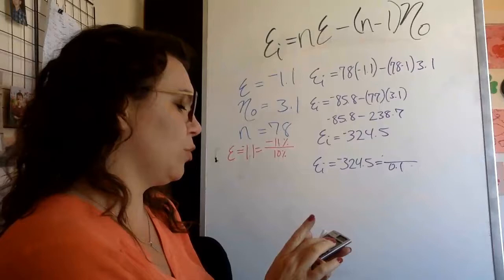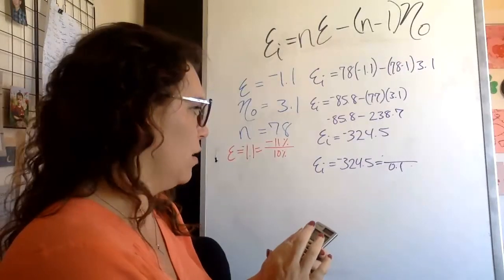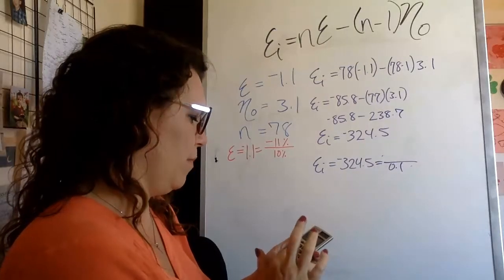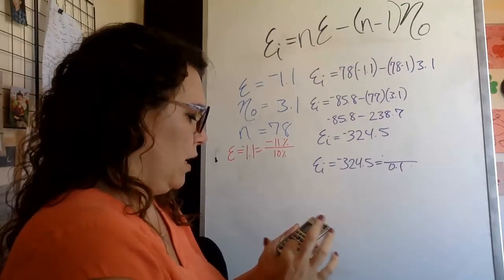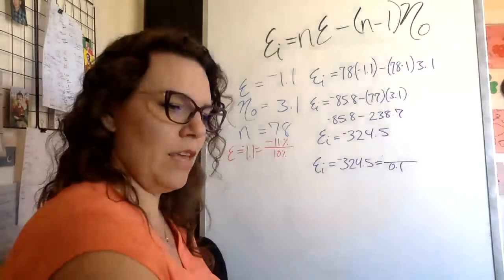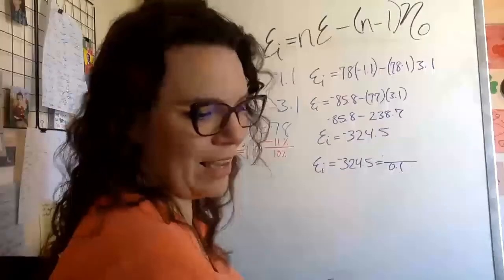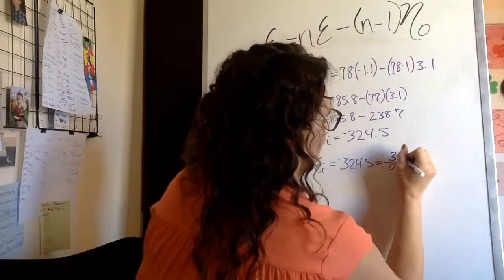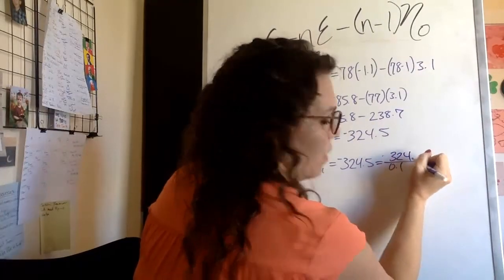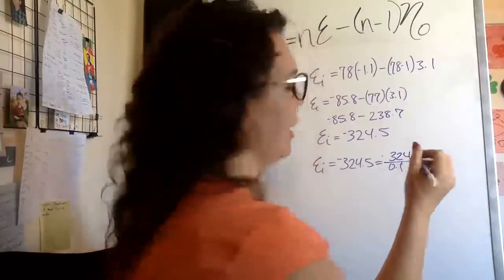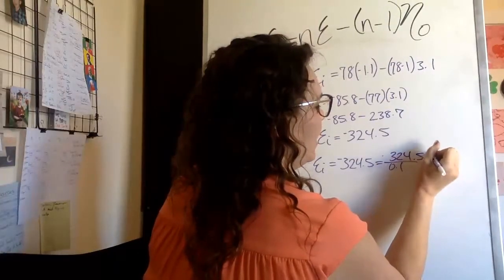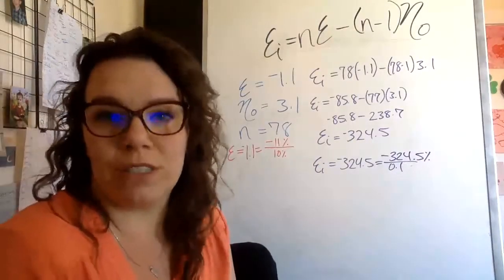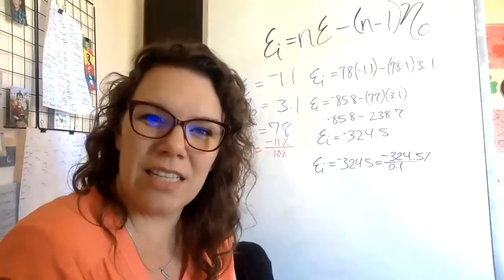If this individual firm changes their price by 10%, times 0.1, they would see a decrease in quantity demanded of 324%. Does that make sense?